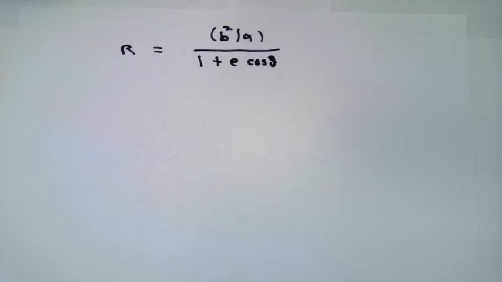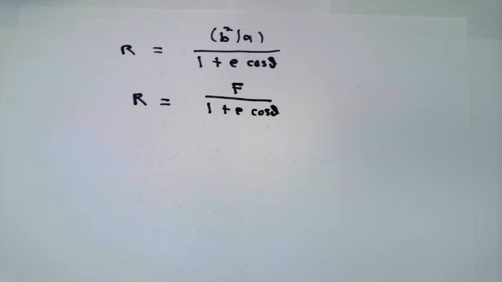At times, it may be more useful to express this in terms of the biggest and smallest distance, so we can look at that as well. Thinking of this formula as just being r equals a constant divided by 1 plus the eccentricity times cosine theta, if I want to make the r as small as I can make it, the so-called perihelion distance, then I would want to make 1 plus eccentricity times cosine theta as large as I could make it.